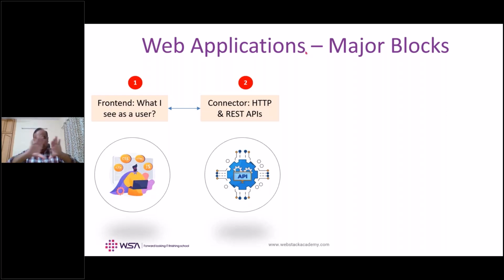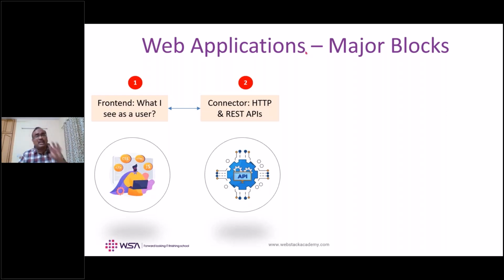So consider your network as a big pipe. HTTP is one small pipe in that. Inside the pipe, how the data will be sent is nothing but the JSON, JavaScript Object Notation, format. And the REST API is nothing but which service you want to consume from the backend. Again, if you don't know what the word service means, don't worry.